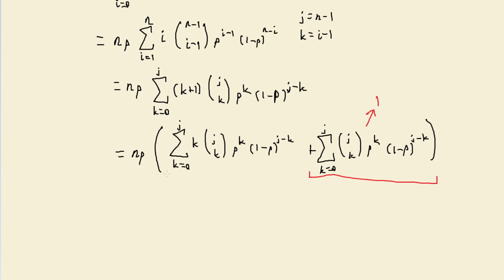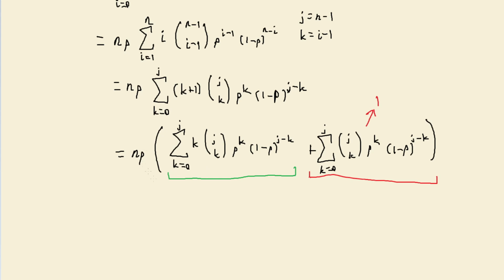And what about this sum here? It might not be as immediately obvious as this one, but really all we have here is the equation for the expected value of the binomial distribution, except we changed the variables. So now we're no longer indexing from i equals 0; we're indexing from k equals 0 up to j. And so we know what the expected value of the distribution is.